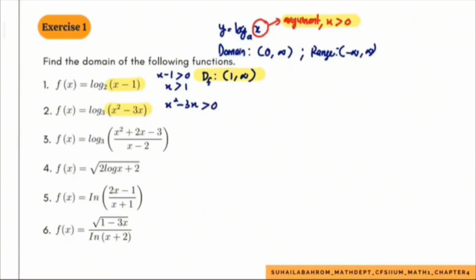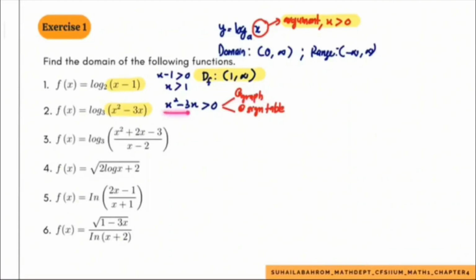Since we have a quadratic, which is x squared, this is an inequality. There are two ways to solve it: either by using the quadratic graph, or by using the sign table. Since it is a quadratic, it's better to solve by using the graph, because we will save a lot of time.